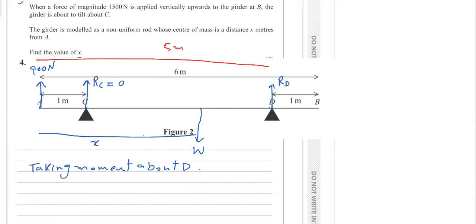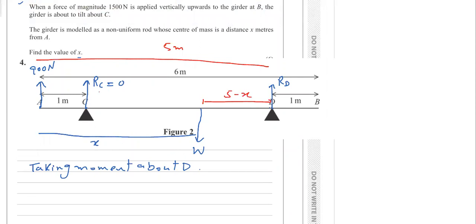From this 5 meters, we take away x, so 5 minus x will be this distance.